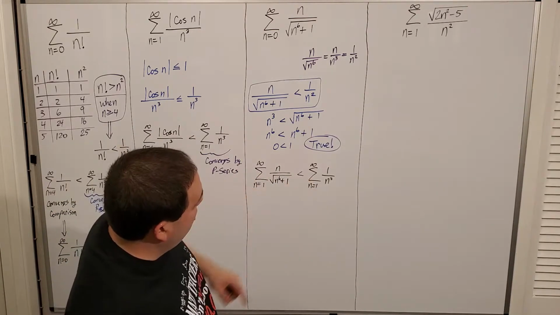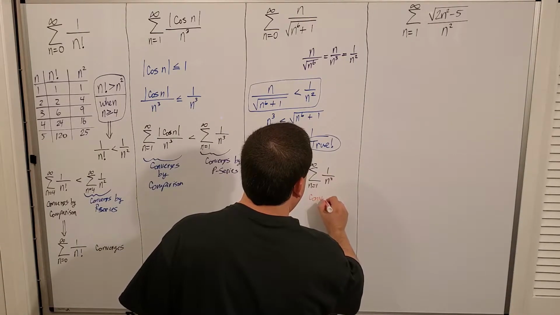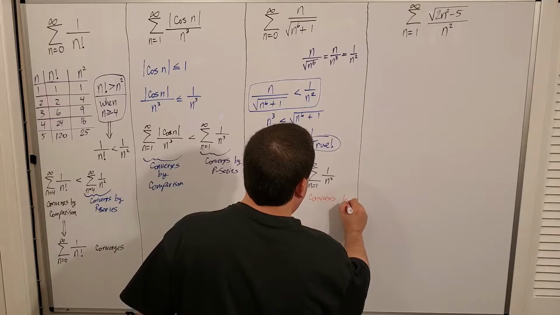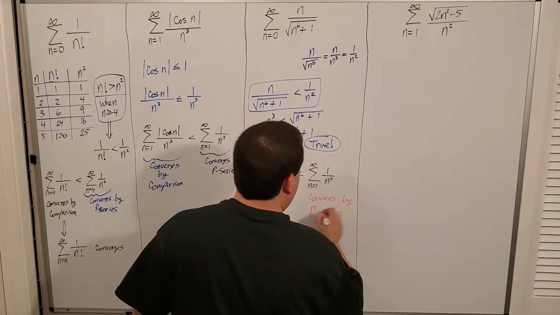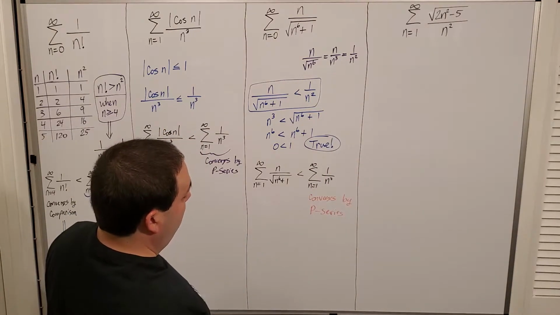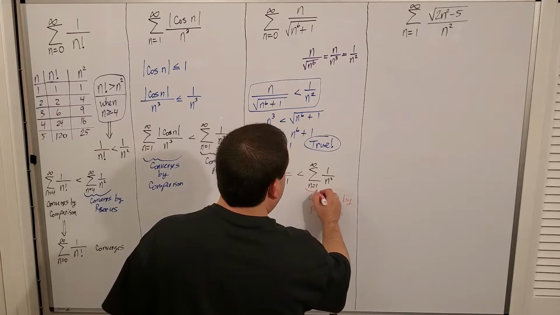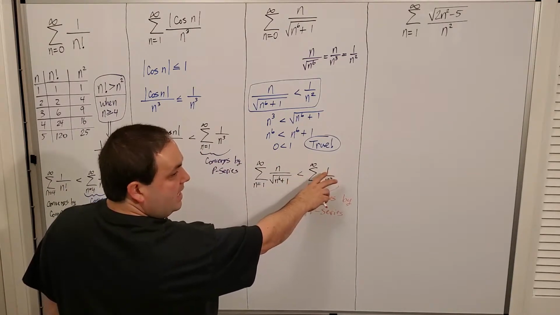So right here, we know that this is a convergent p-series, right? Converges by p-series. And again, that's because my 2 is greater than 1. Okay? So this series is convergent. And mine is less than him.